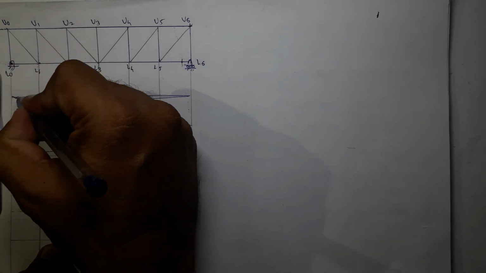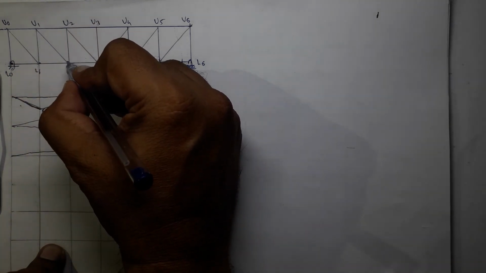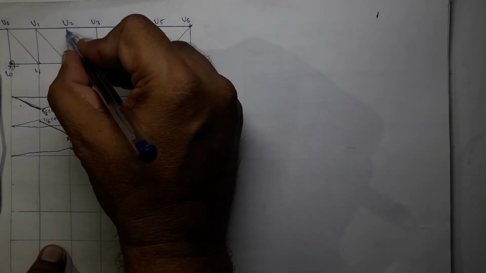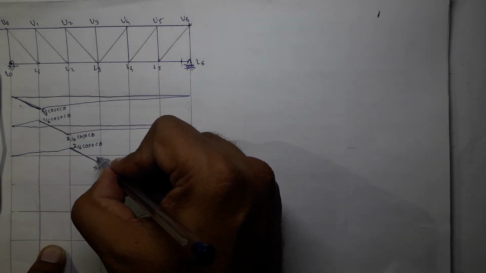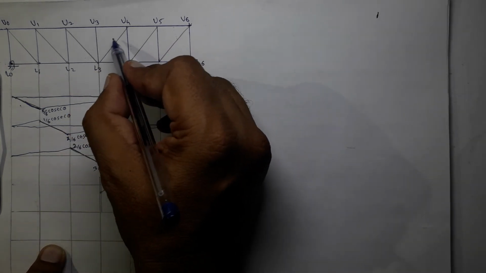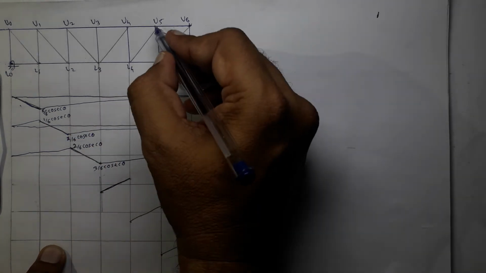Now in all these ILDs, if it is the inclined member, it is the inclined part in the same panel. So for this diagonal member, it is obvious that this will be the inclined part. For this member, it will be the inclined part.